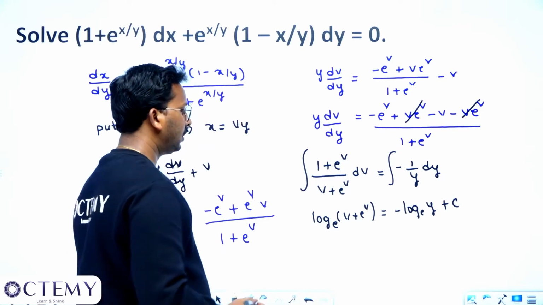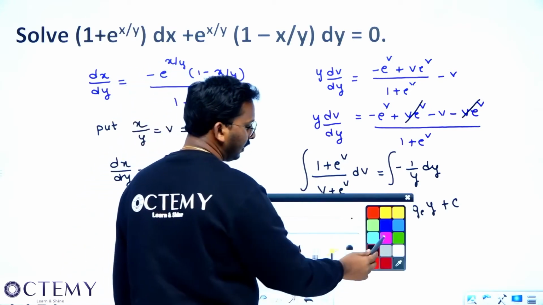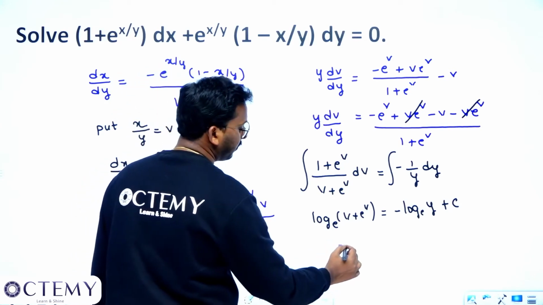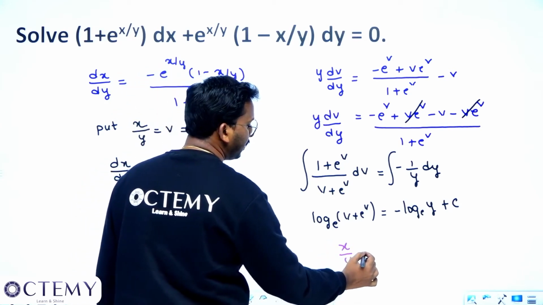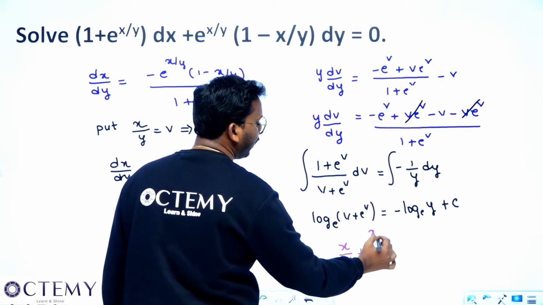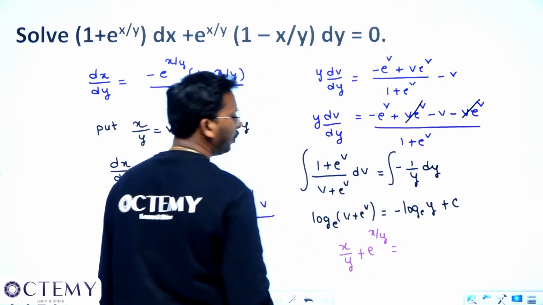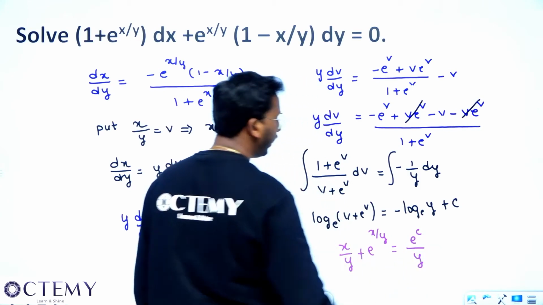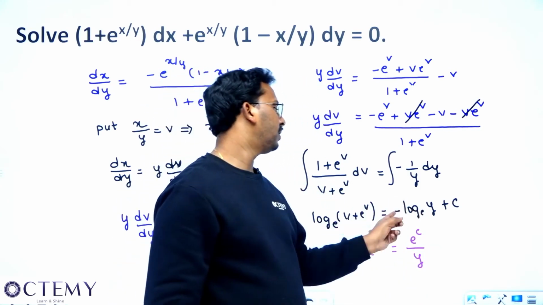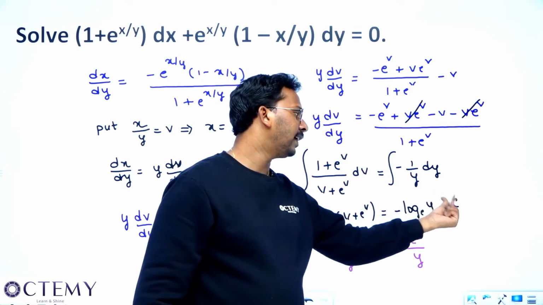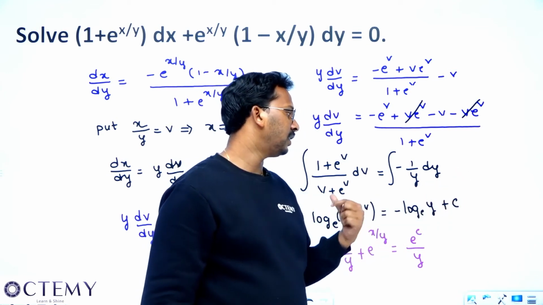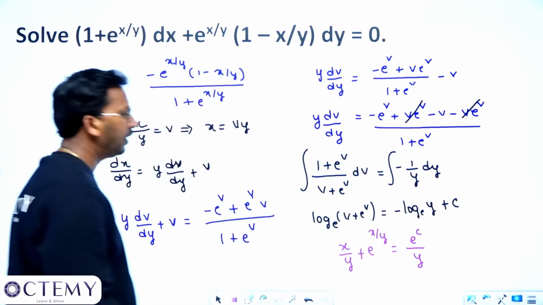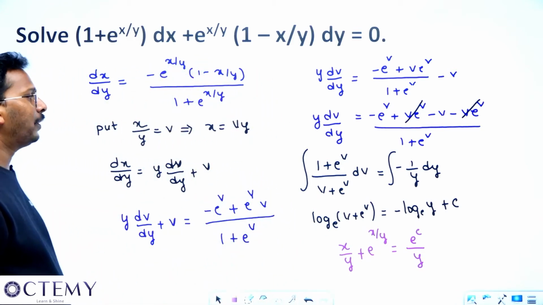If you cancel the log and want to write the answer, it will become v plus e power v, where v is x by y, so x by y plus e power x by y is equal to e power c divided by y. How did I get it, sir? You take this inside, so it becomes 1 by y, and you write c as log of e power c base e, so they get multiplied and the log cancels, right? We are doing this for the third time, sir. So I hope you understood this question.